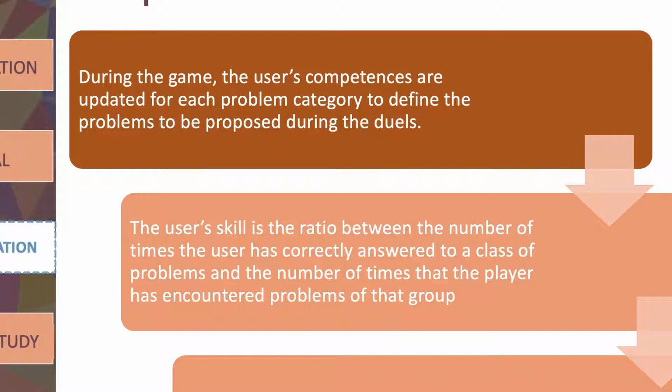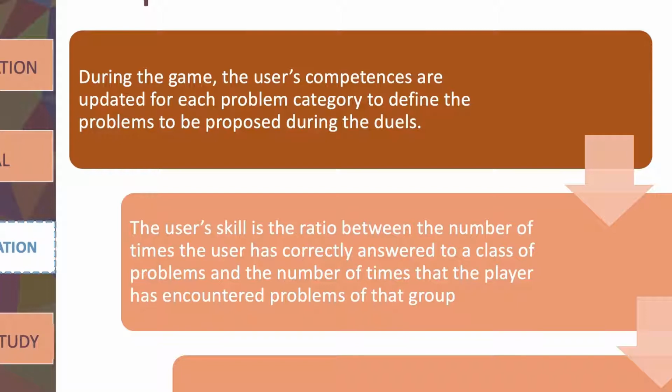This is just to let the student practice more the exercises in which he has some difficulties, in which he has some lacks. In this way, we would push the student to go in depth in that kind of problem, in that kind of argument.